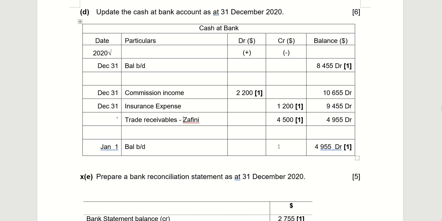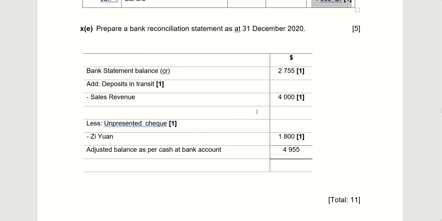Then we calculate the balance brought down. In this case, the balance brought down is 4955, debit in the cash at bank. All right. Next step, they ask you to prepare a bank reconciliation statement.